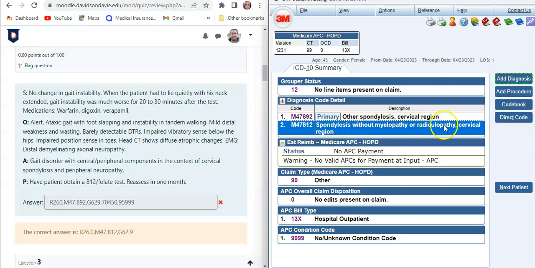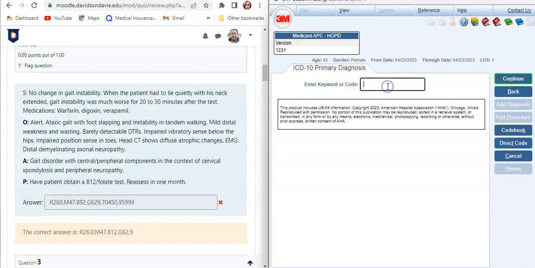With the code that I had actually coded, the other spondylosis cervical region, I feel it's the same thing, but I guess it's not. So this is your right one, M47.812.